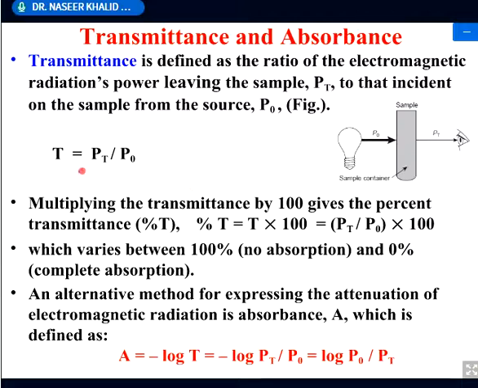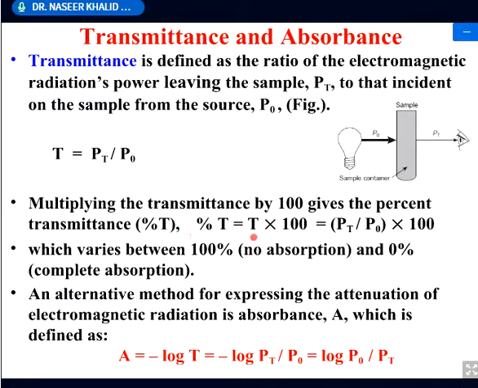So that is the ratio. That is called transmittance. Transmittance equals Pt, the transmitted radiation, divided by the initial radiation P0. If we multiply it by 100, we get the percentage transmittance.